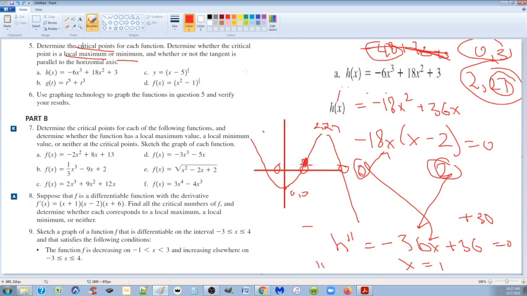So at 1, I get minus 6 plus 18 plus 3, which is 21 minus 6, giving 15. So at 1, 15, I get an inflection point where this slope starts turning around. You only ever have one inflection point on a cubic.